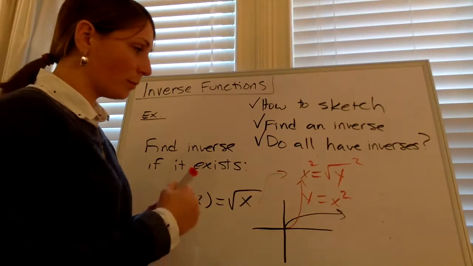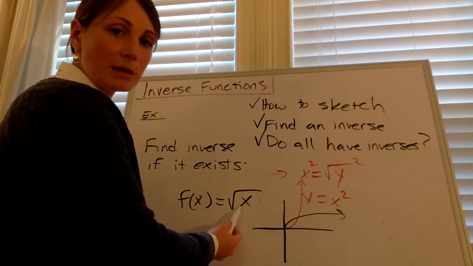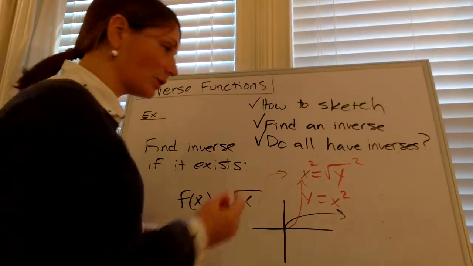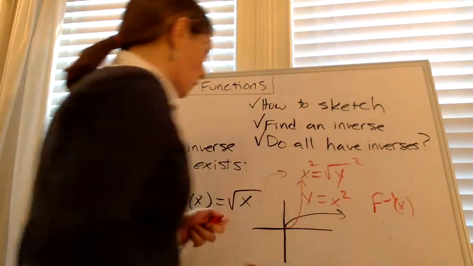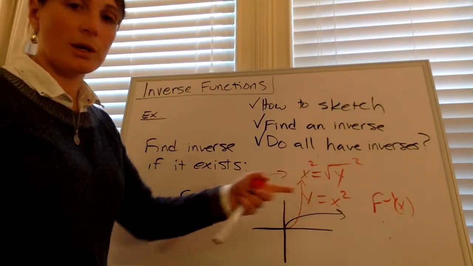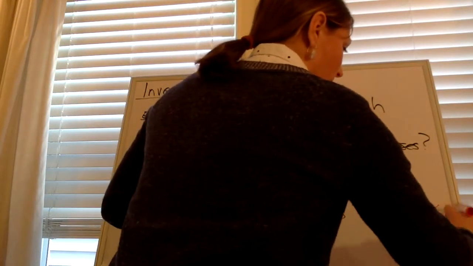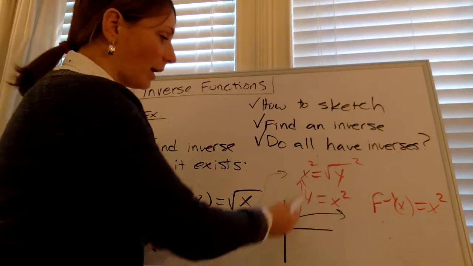And so just one important thing here, I won't say that x squared is the inverse of x. I'm actually going to use just part of that parabola. So the inverse of root x isn't x squared. I have to say it's just the right half of x squared. Just the right half of that parabola.